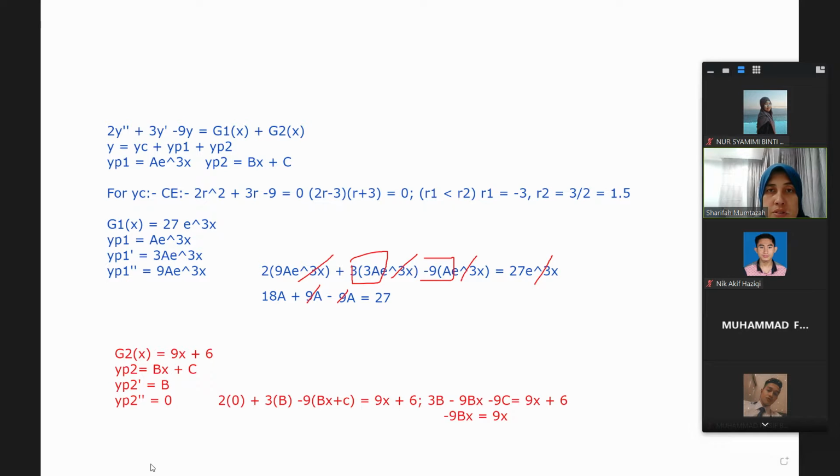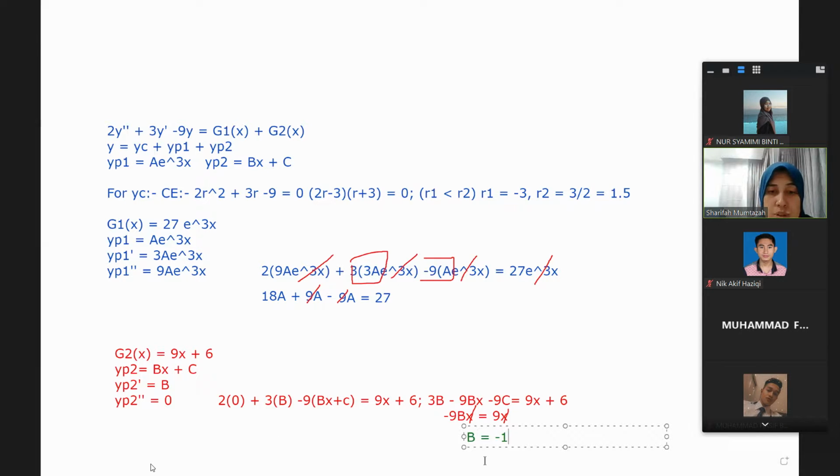So from here you can basically minus the x. So you are left with B equal to negative 1. So B is equivalent to negative 1. Done, this is for B.